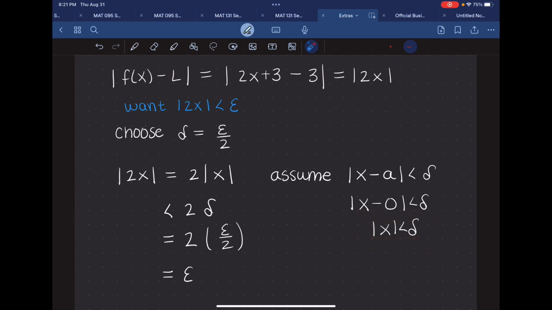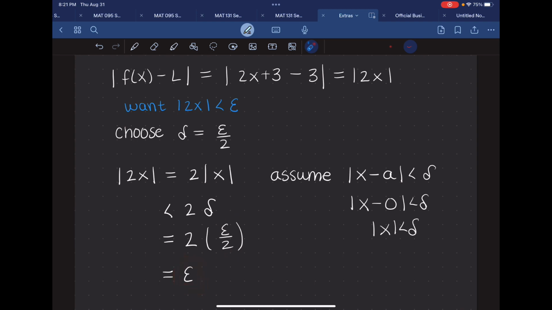So then we can say, if the absolute value of x, or x minus a, is less than delta, then 2 times the absolute value of x minus a must be less than 2 delta. And then we plugged in what delta was, epsilon over 2, and we got epsilon.